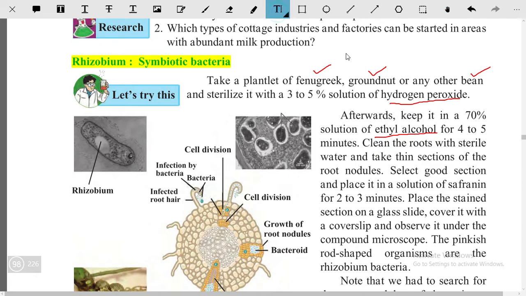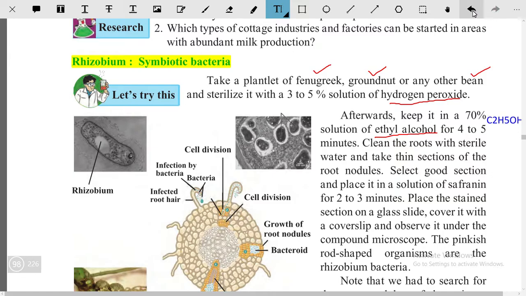It must be remembered: C2H5OH, that is the formula of ethyl alcohol.